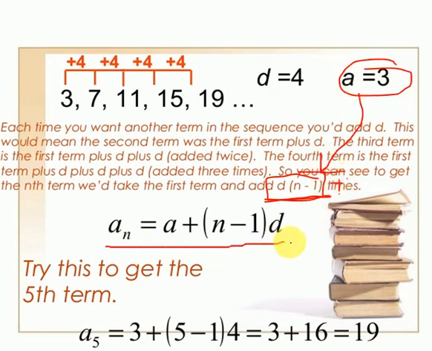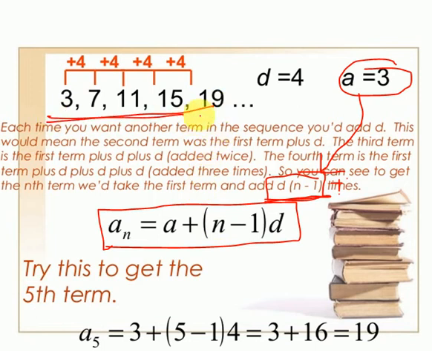So it is saying this only, this formula that we have learned, that is an is equal to a plus n minus 1 D, right?